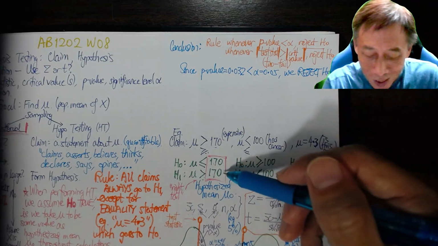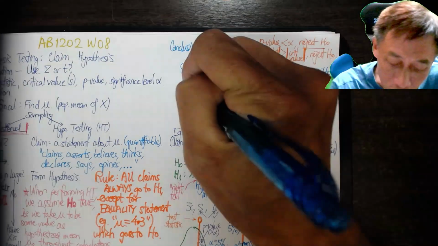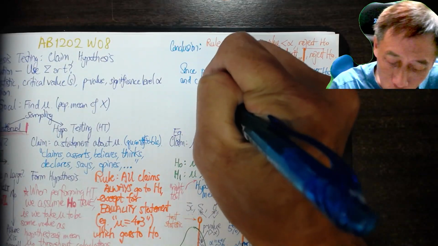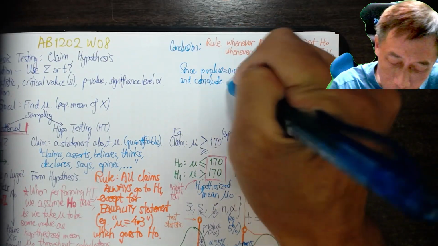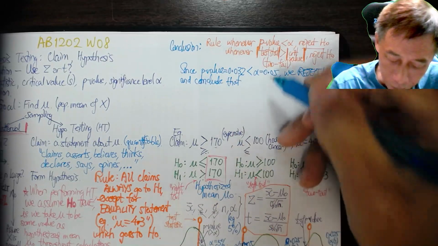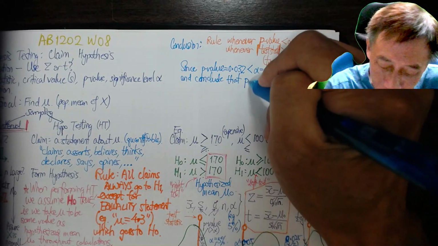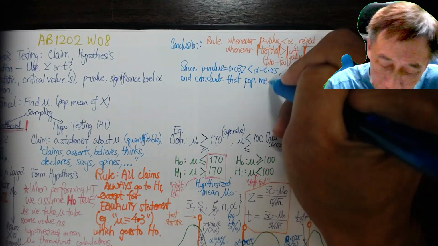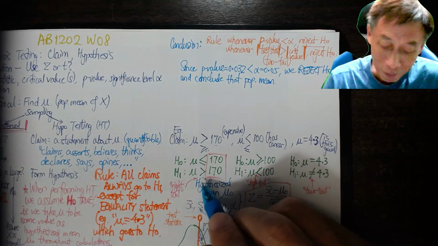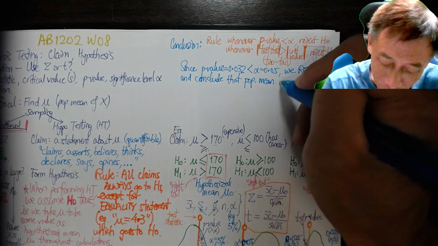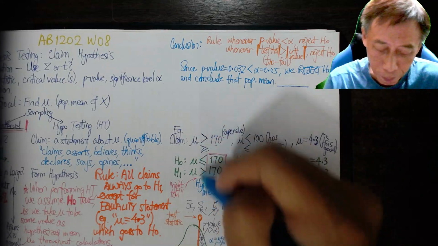So if we use back this 170 case, we reject H naught and conclude that, always conclude about the population mean, right? So the population mean monthly bill, whatever you put in the mu definition, right?